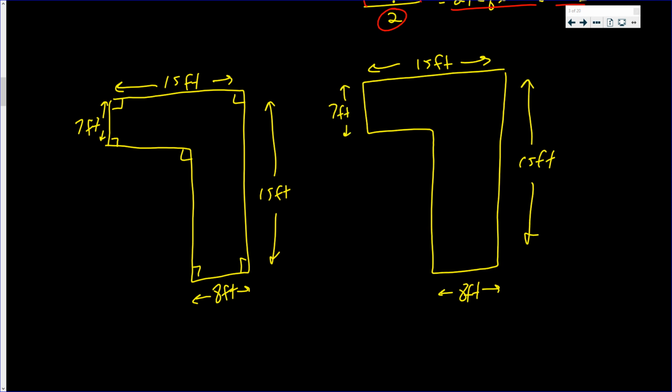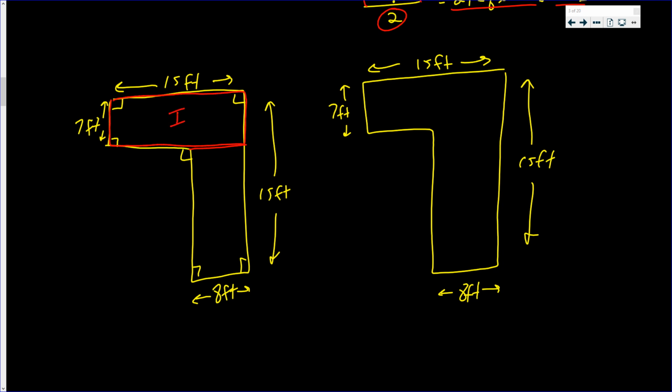Since this is not a rectangle or even a triangle, maybe we can split it up into a triangle and a rectangle, or 2 rectangles. For example, if I just go like this, then this piece here is a rectangle.